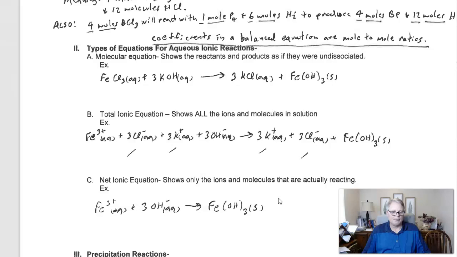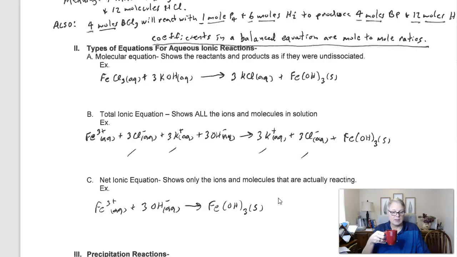All right? The nifty thing about the net ionic equation is it doesn't show you everything, it just shows you what's important. And so you can kind of key in on what's important. All right, you might say, well, why would I ever want to do that? Well, you do it all the time. You may not realize it. Let's say, for example, you're doing a chemical reaction in lab, and you've got probably a little bit of sodium in that water from the deionized water.